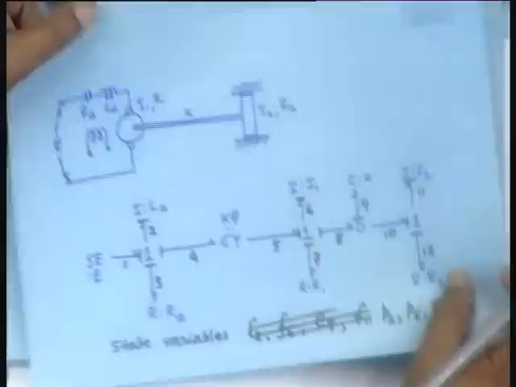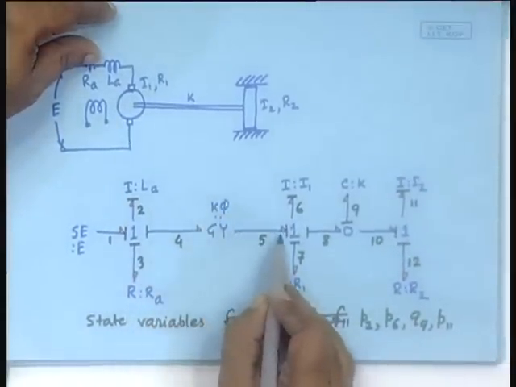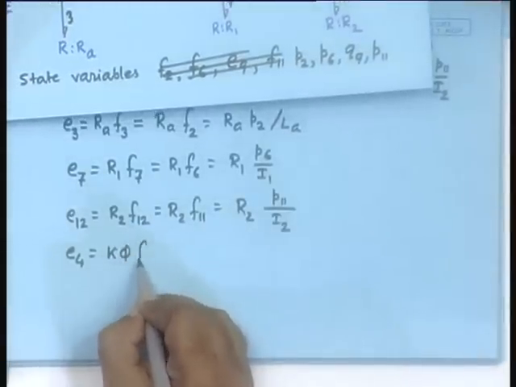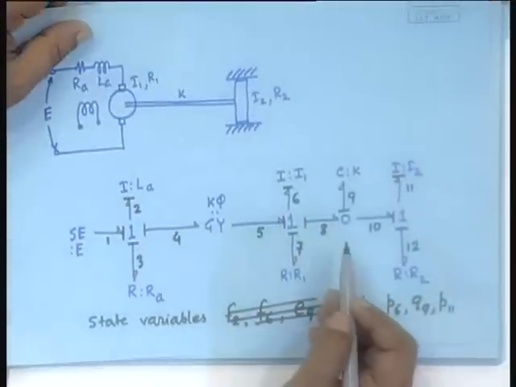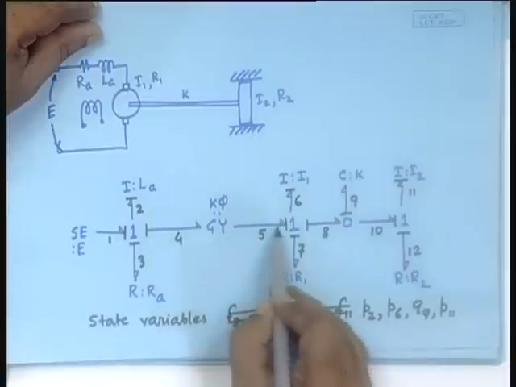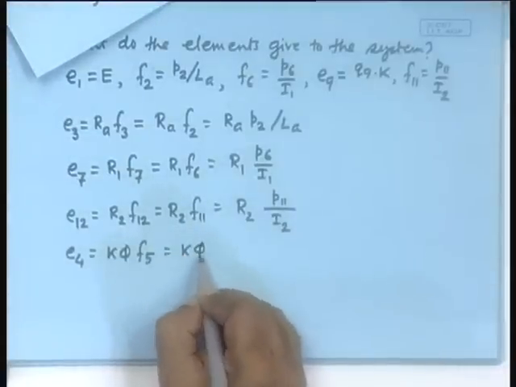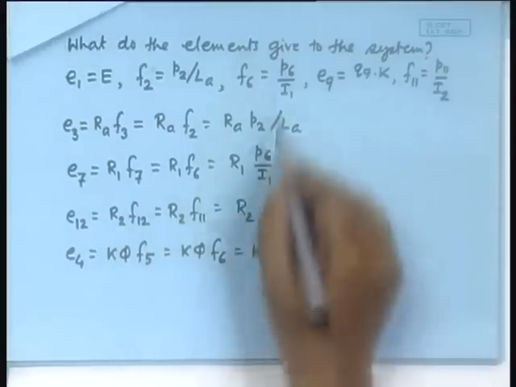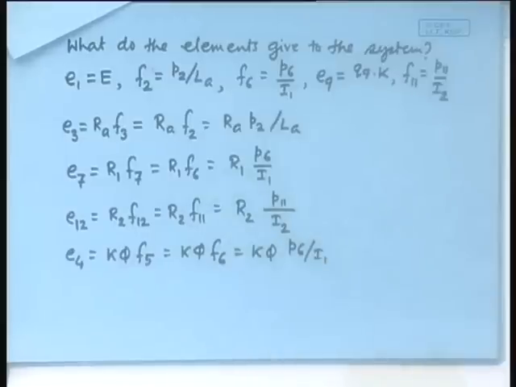So, when we start with E4, that is K5 times F5, and F5 comes from F6. F6 is P6 by I1.